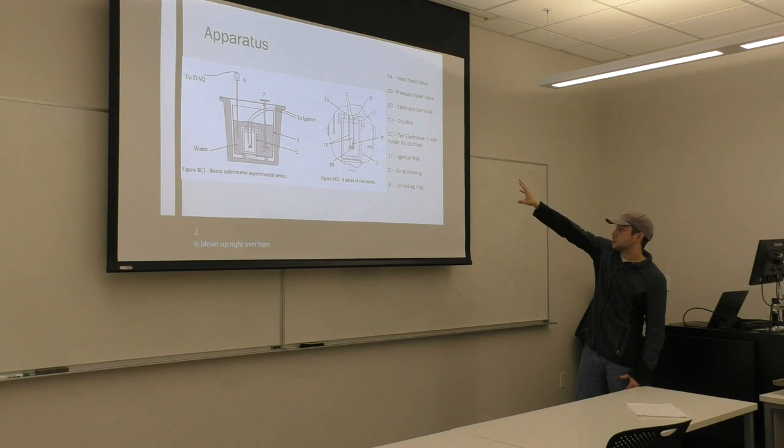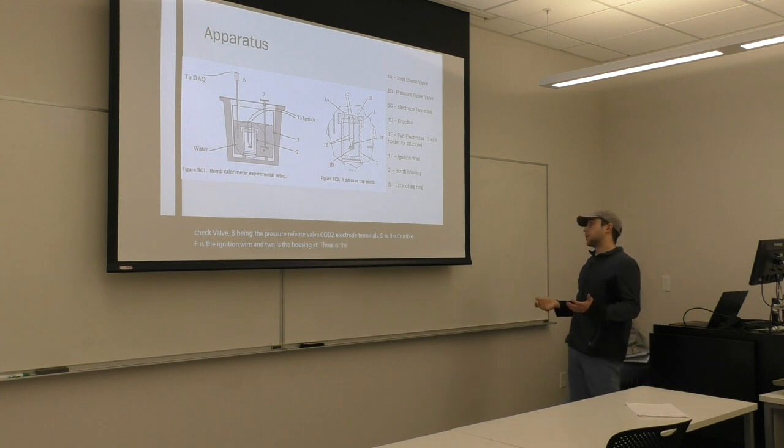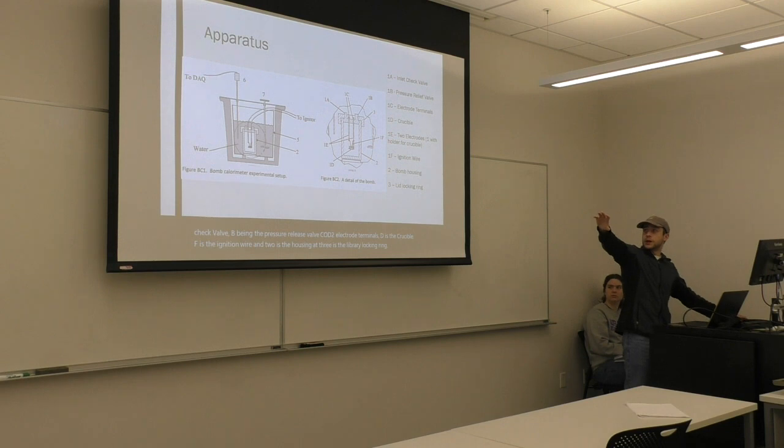That is the detail of the bomb, with A being the inlet check valve, B being the pressure release valve, C are the 2 electrode terminals, D is the crucible, F is the ignition wire, and 2 is the housing, and 3 is the lid ring, the locking ring. And then 6 on the left view is the thermocouple that we use to measure the temperature change.